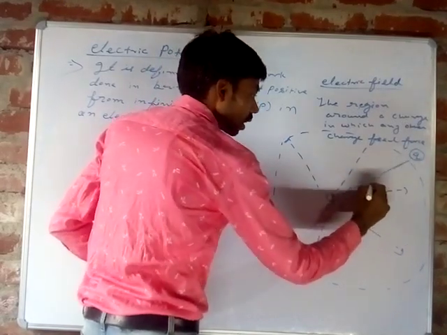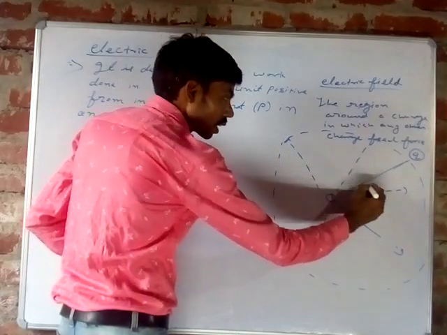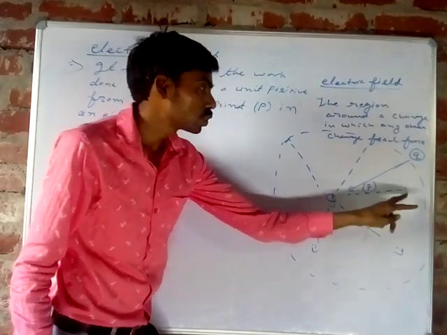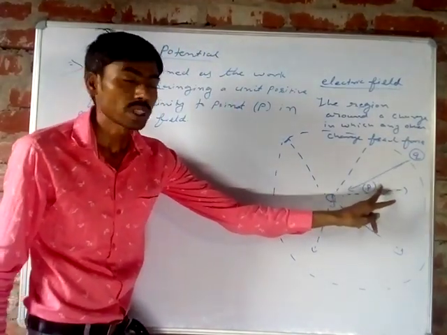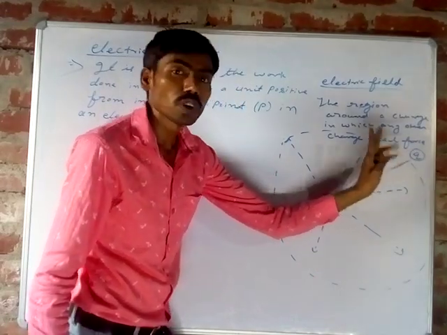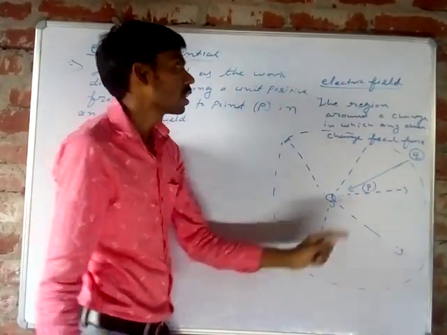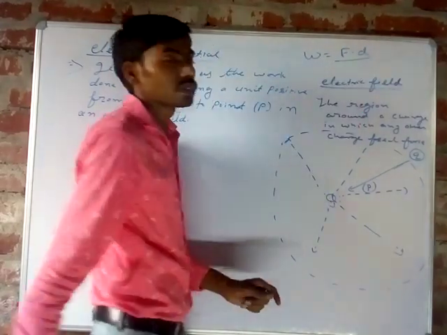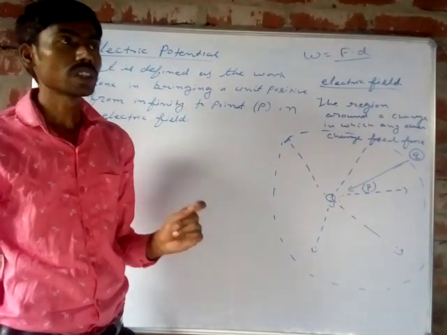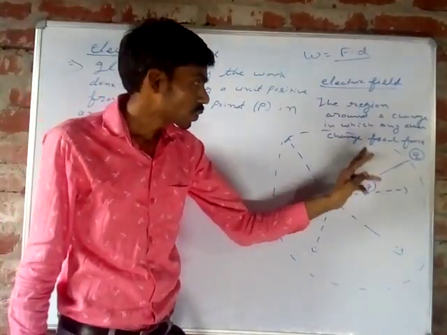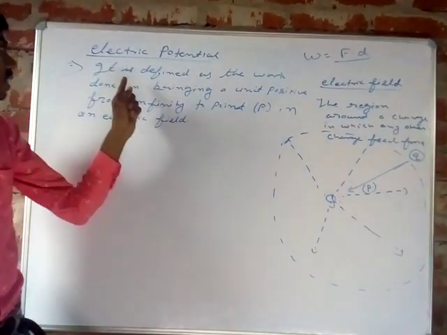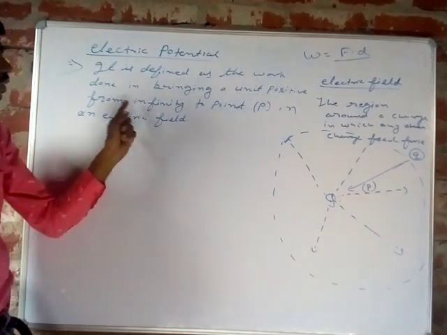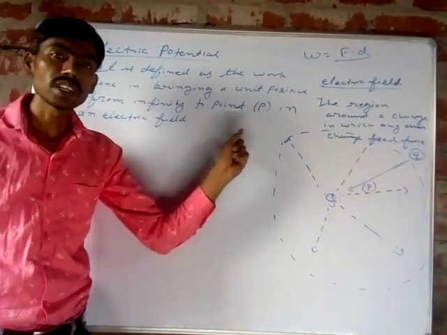And if we bring it to a point P, then we also attain some displacement. That means we feel force and displacement, and therefore work done is equal to force into displacement. Therefore potential is defined as the work done in bringing a unit positive charge from infinity to point P in an electric field.